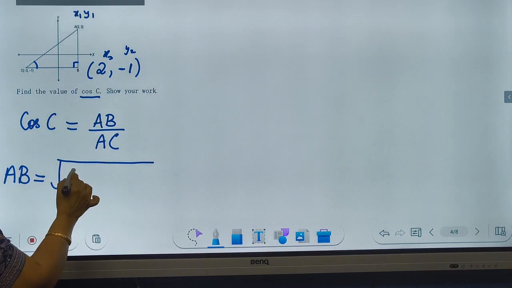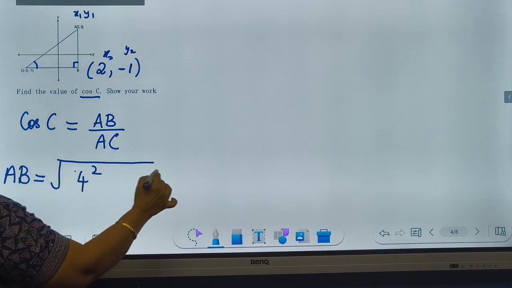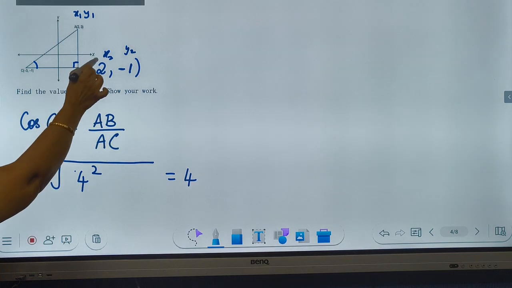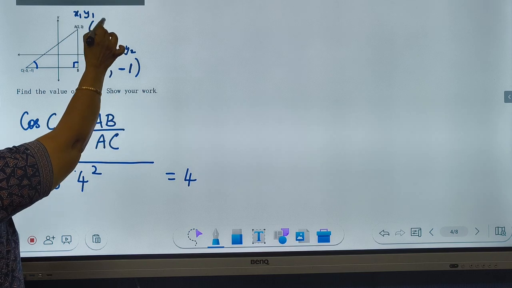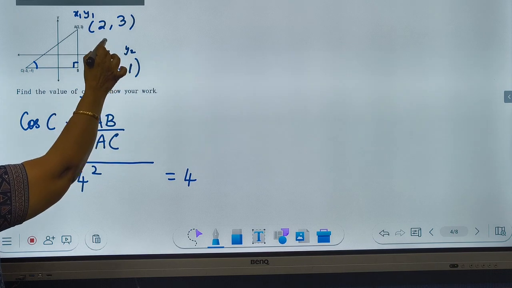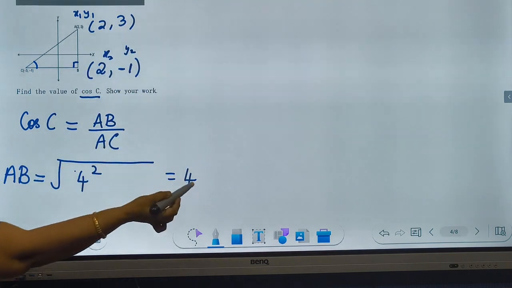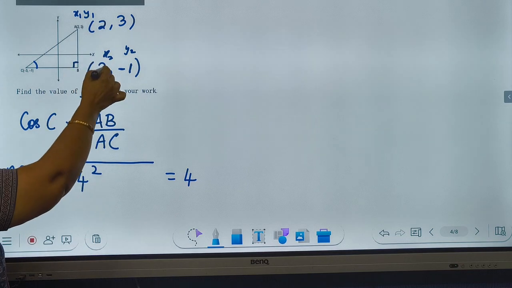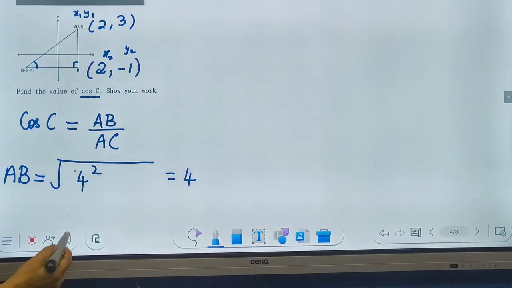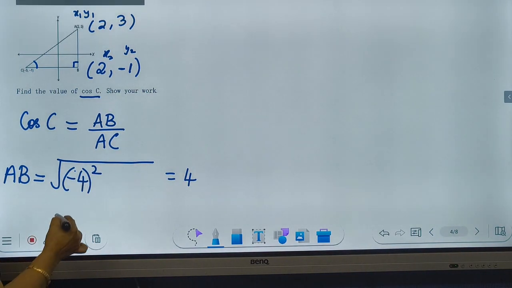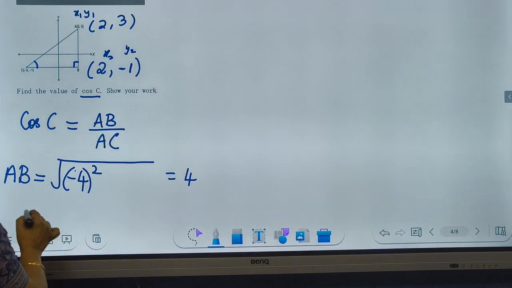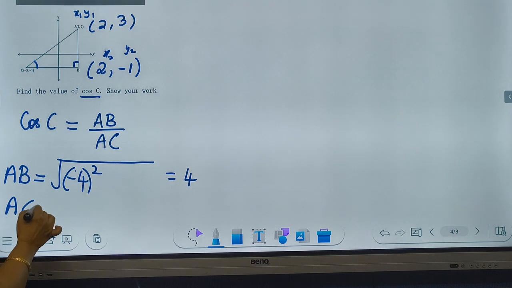And y2 minus y1, -1 minus 3, is -4 square, which is root 16, which is 4. Are you able to follow? Now AB is 4.